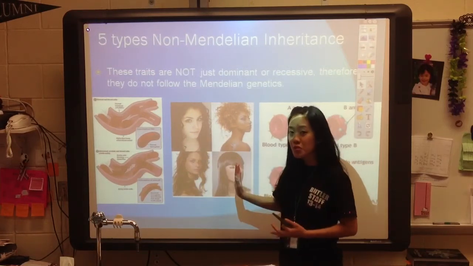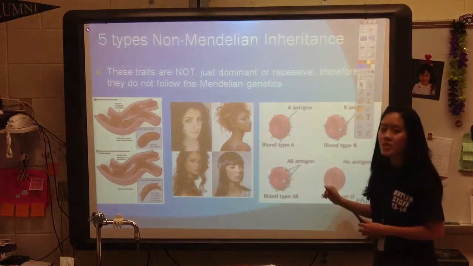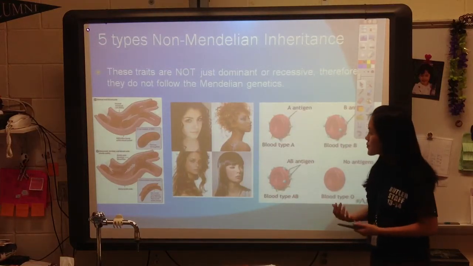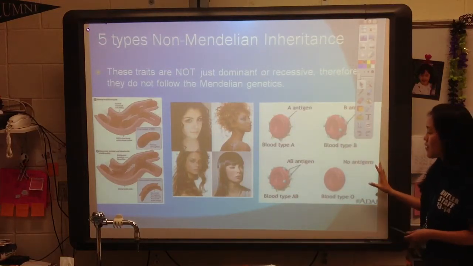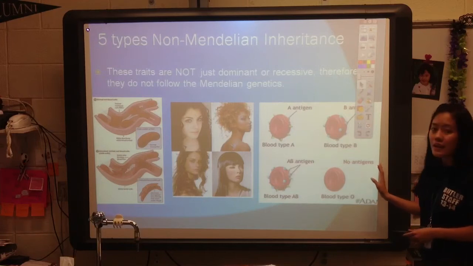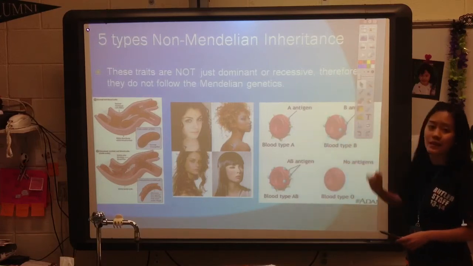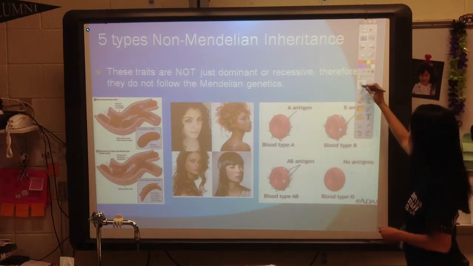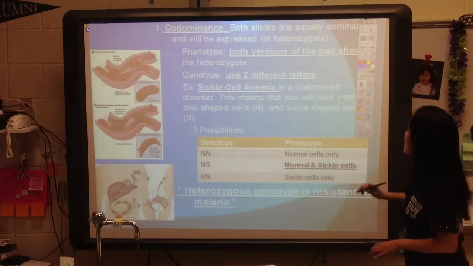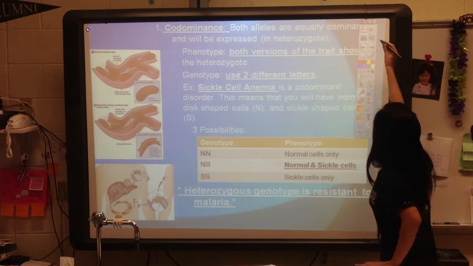It's not really a true example, but it's a good example to see in humans. And then another type that we'll be looking at is blood type. Blood type is another example of non-Mendelian inheritance. So, we have a lot going on here.